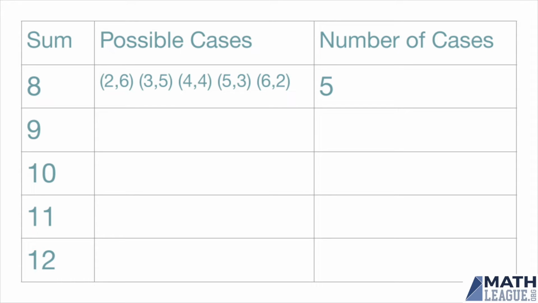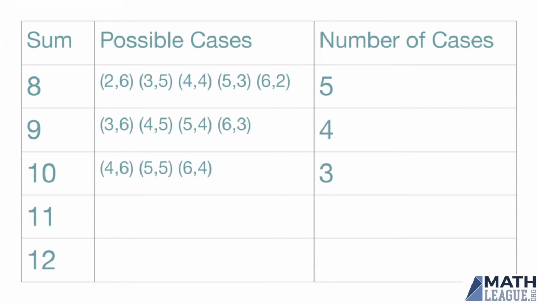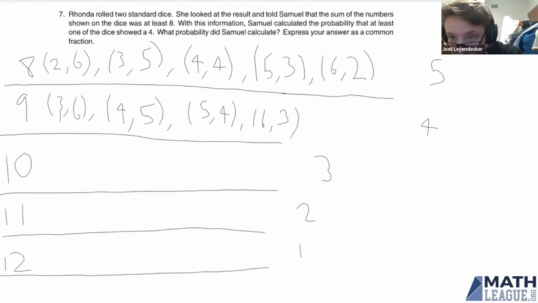For 9, we have a 3 and a 6, a 4 and a 5, a 5 and a 4, and a 6 and a 3. 4 possibilities. And so on and so forth. There are going to be 3 possibilities for 10, 2 for 11, and 1 for 12. So a total of 5 plus 4 plus 3 plus 2 plus 1, or 15 possibilities, which is going to be our denominator.